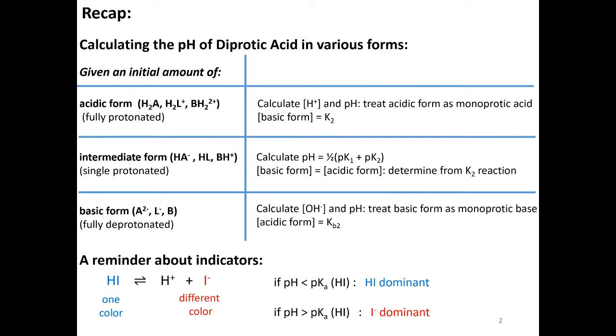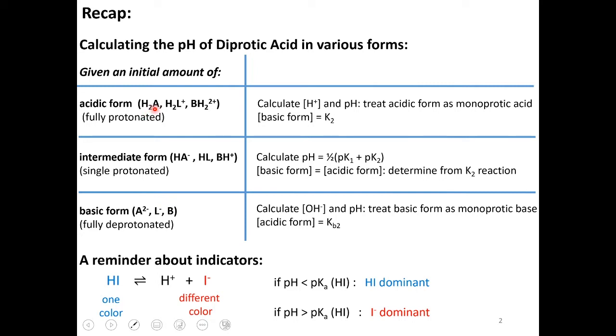In the last lecture, we learned about diprotic acids in their various forms: fully protonated, 2 protons to lose, no protons to gain; fully deprotonated, 2 protons lost, they can only gain protons; and then the intermediate in between, which could either lose a proton or gain a proton. And sometimes these species might have different charges.